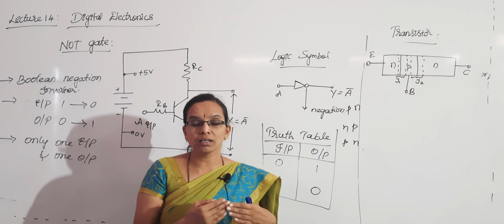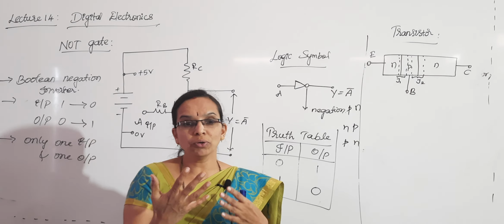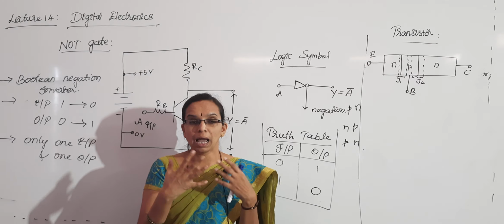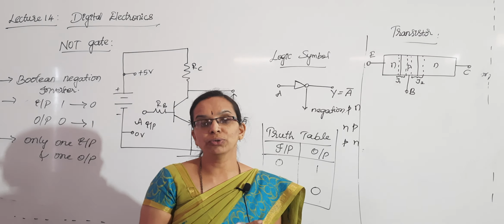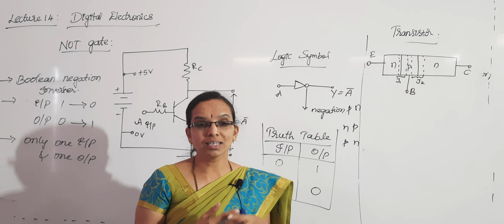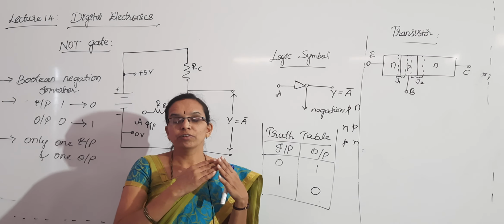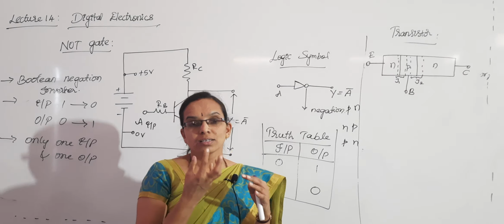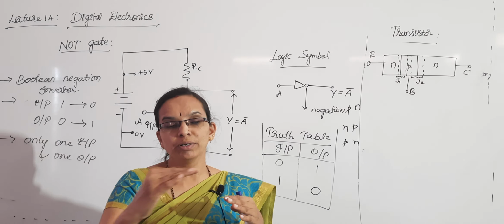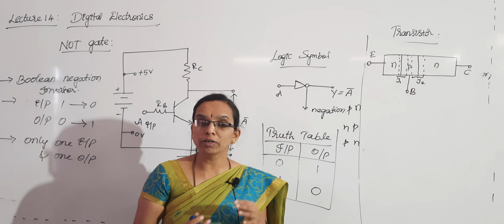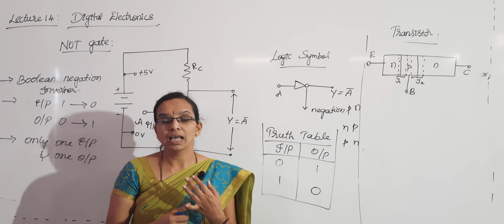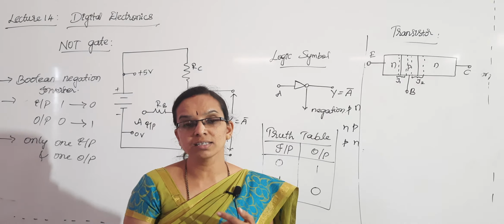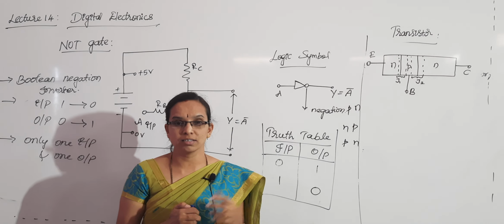Whatever I am speaking, whatever picture or video is coming, will be amplified and sent to you, so that the signal strength does not go on decreasing while transferring. Therefore, strengthening of the signals along the way is required, and that is performed by the amplifier. In an amplifier the main component is the transistor.